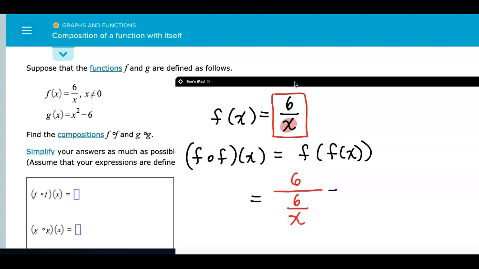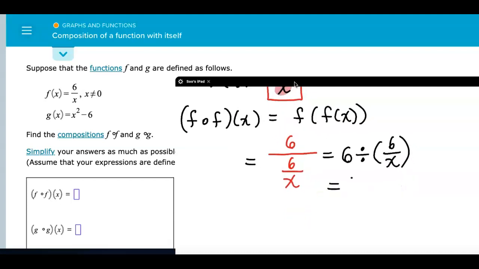I'm going to write this as the top divided by the bottom of the fraction. The top is 6, and I'm dividing this by 6 over x, which I can do with keep, change, flip. I keep the first 6 the same, change the division to multiplication, and flip the second fraction to get x over 6. Multiplying by 6 and dividing by 6 will cancel out. My final answer is simply x.